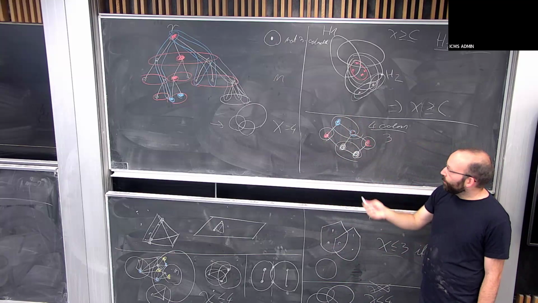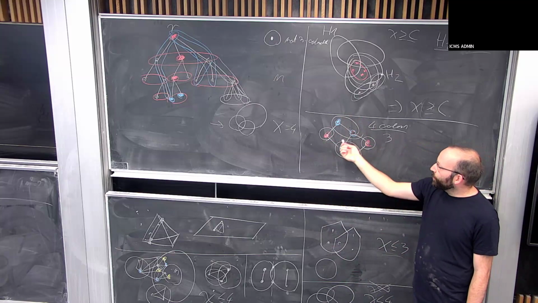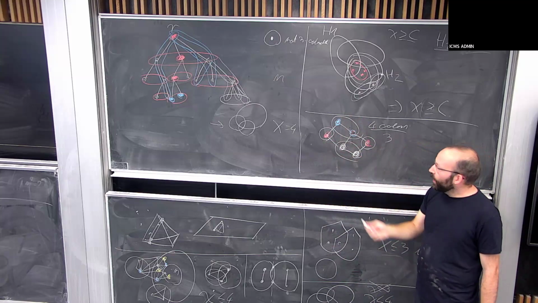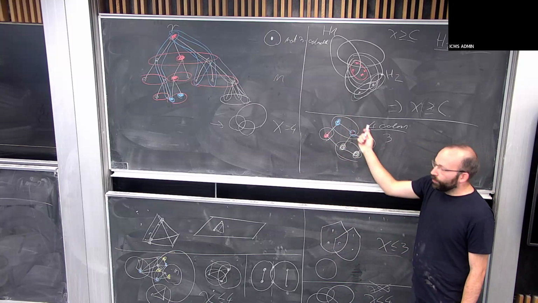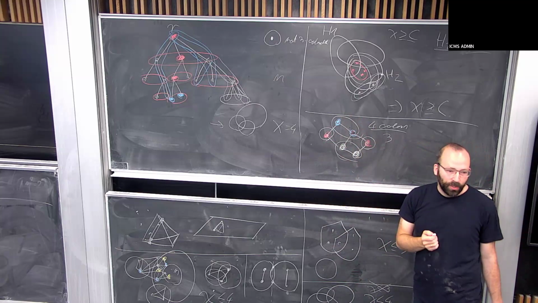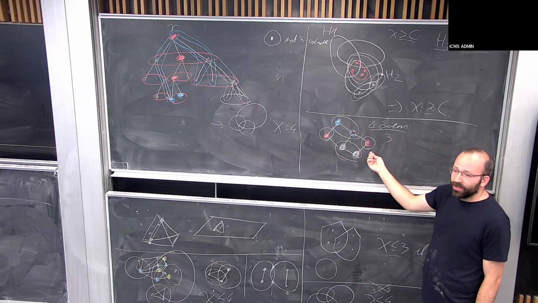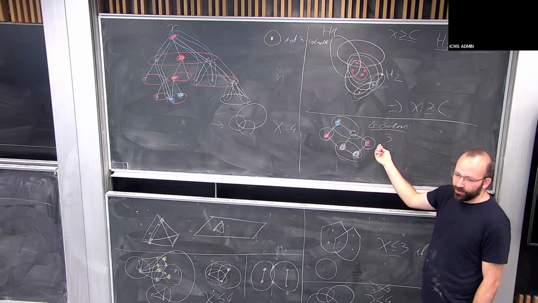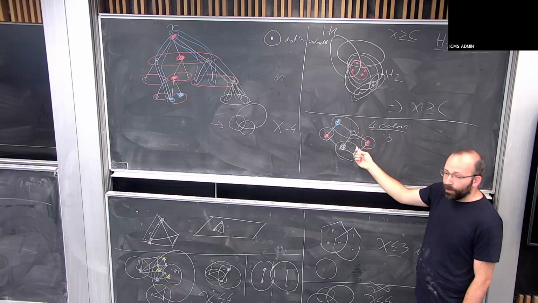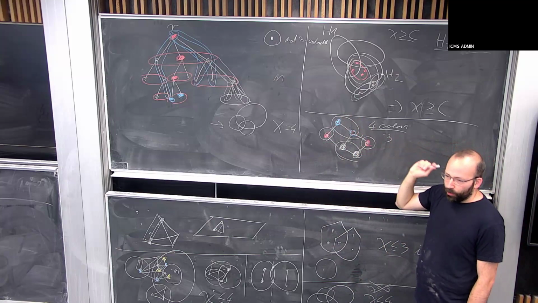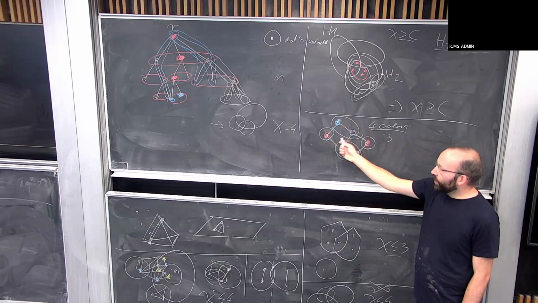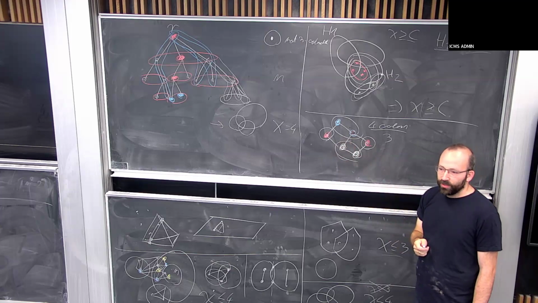Well, maybe 3 colors are enough to say that I will only have groups of at most 10. Now I'm going to show that this is not the case. With 3 colors, there are planar graphs where no matter how you 3-color it, you will have large monochromatic components.